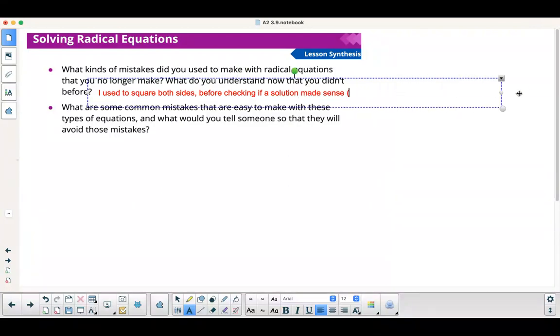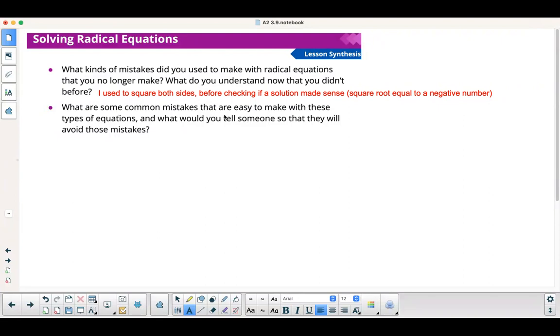Like, for example, a square root equal to a negative number. Or maybe I didn't check my answers to check if my solution worked. Okay, that would be there.